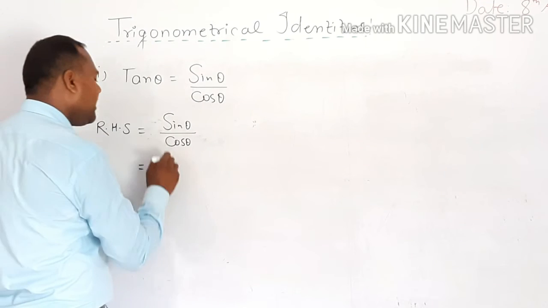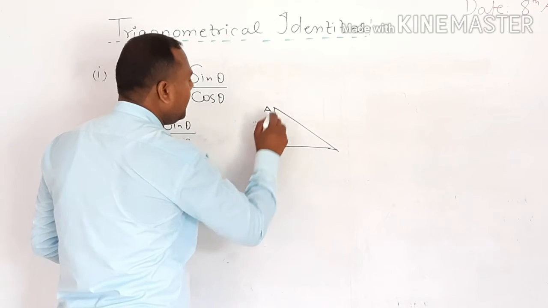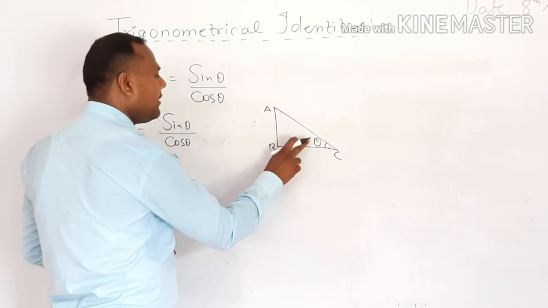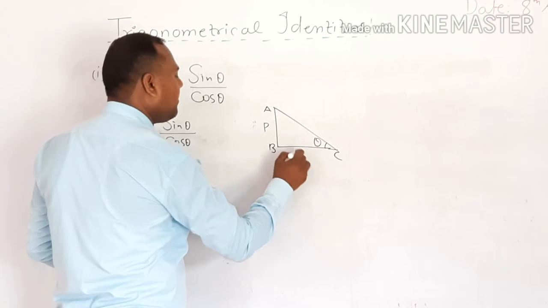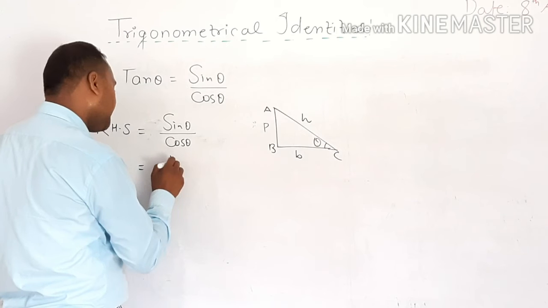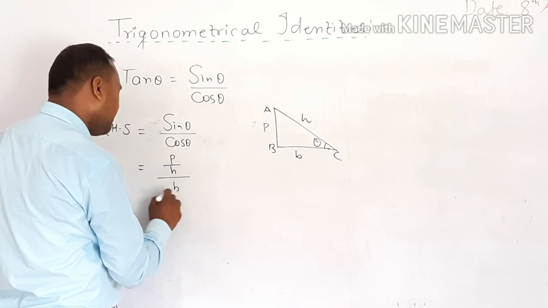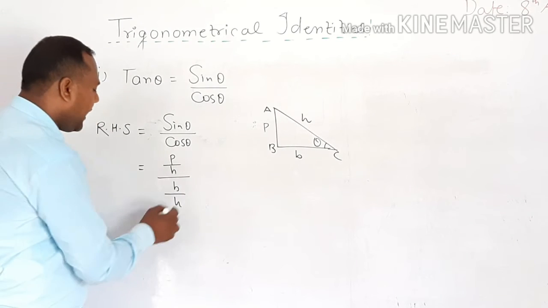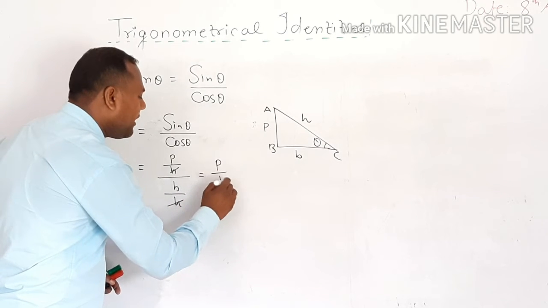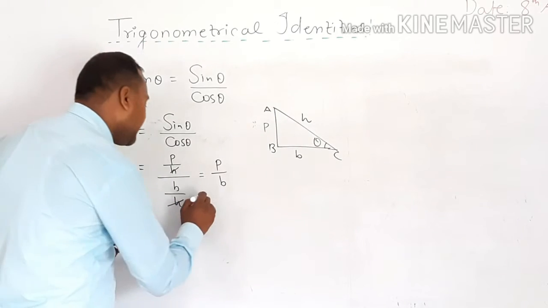We already know that for sin theta, if we take a triangle ABC and put theta here, the opposite side of theta will be P, and this is B and this will be H. So sin theta means P upon H, divided by cos theta means B upon H. H cancels out with H, and after that we can write it as P upon B. And in this ratio, we already know that P by B is the form of tan theta.